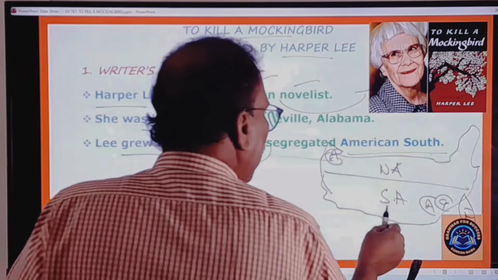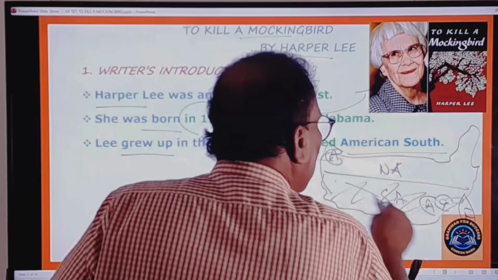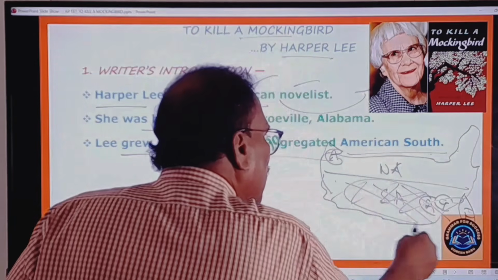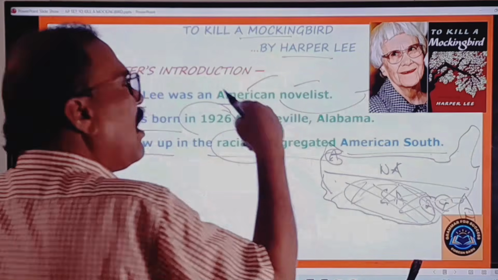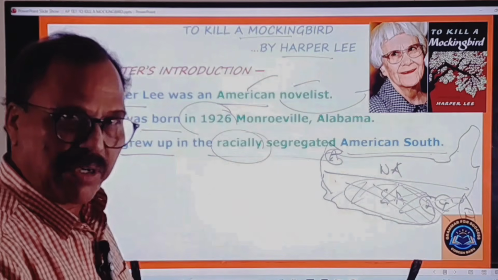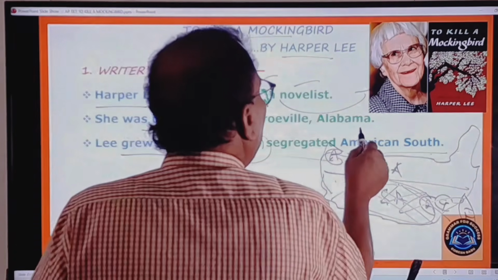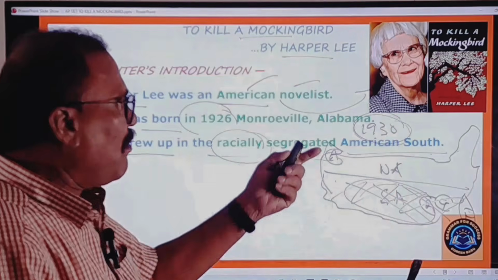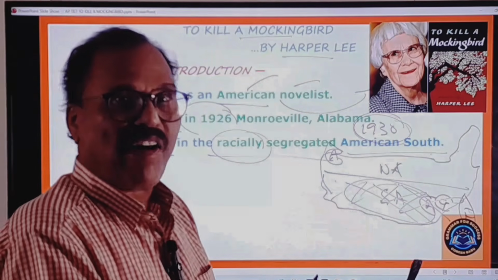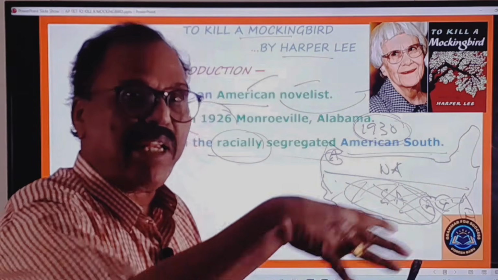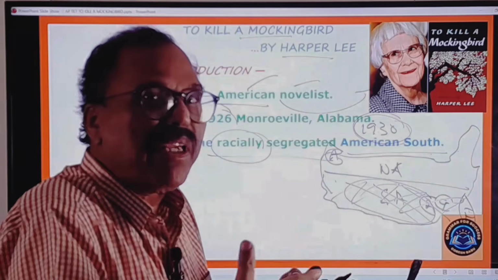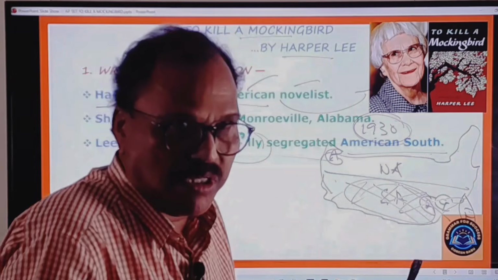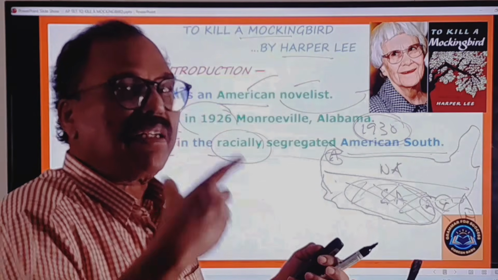Okay, and here this is the southern region, Southern America, and in this Southern America, in those days, there used to be a lot of racial discrimination. In those days means during 1930 and so on. Of course, even today also you can find racial discrimination in many parts of this Southern America, okay, but that cannot be publicly exposed, but they maintain that racial discrimination.